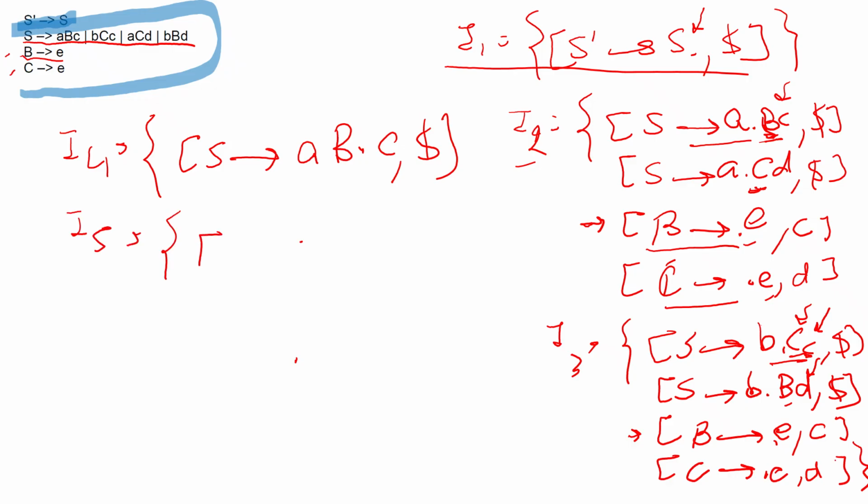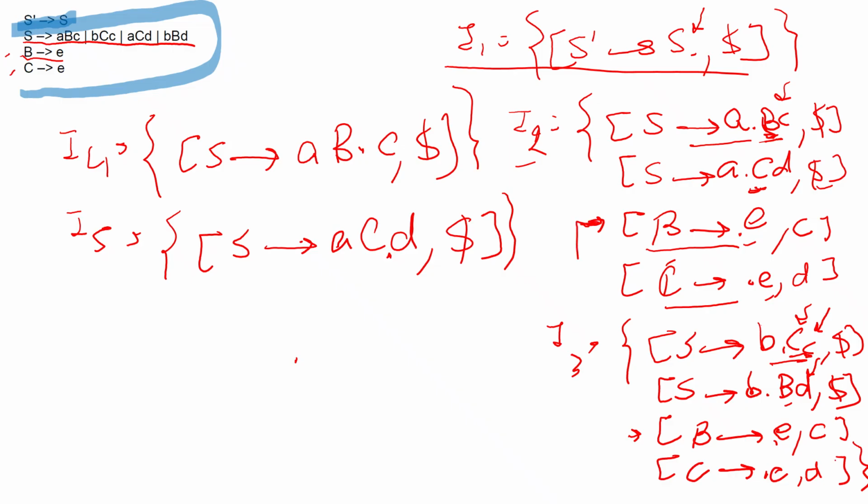That means S, A, C, D, and the dot will be here, and we copy the dollar as is because when we construct a new set we copy what is after the comma as is. So these two sets are closed. The main important thing is coming here. This is what I found in your exam, that you have a mistake.